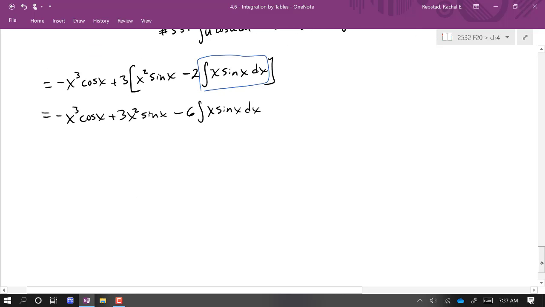So number 52 says the integral of u sine u du is sine u minus u cosine u plus a constant. Okay, now let's apply this last formula.